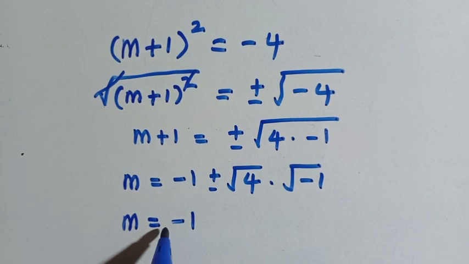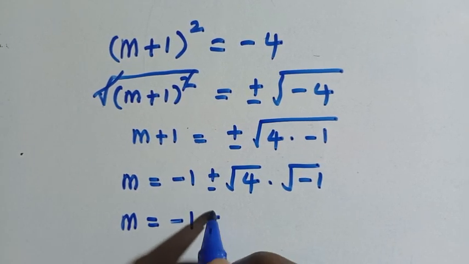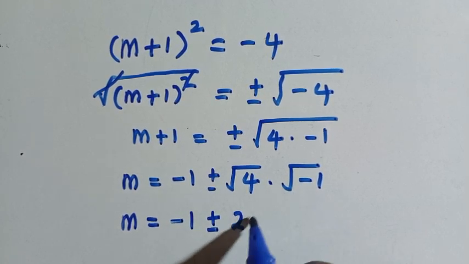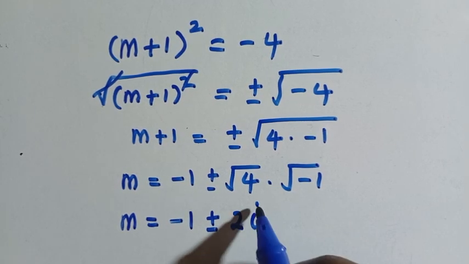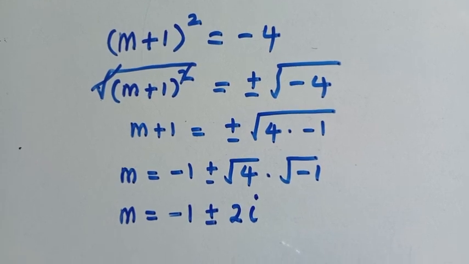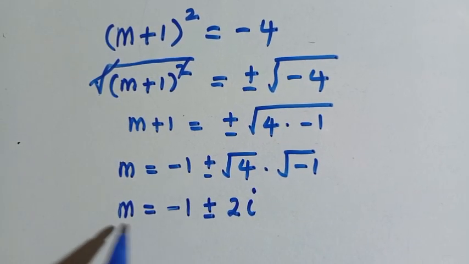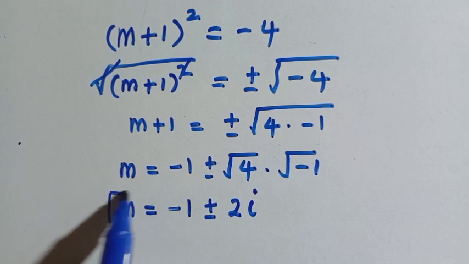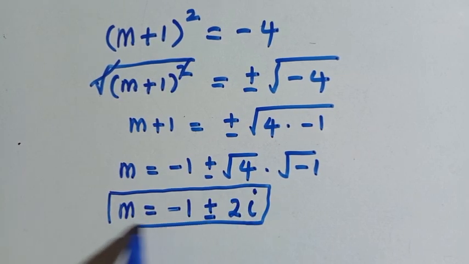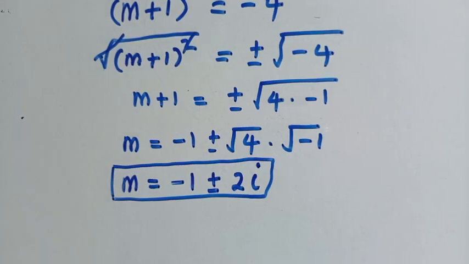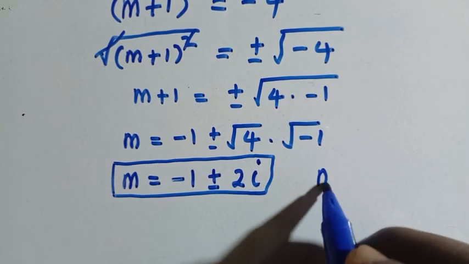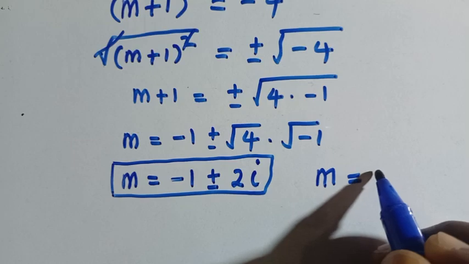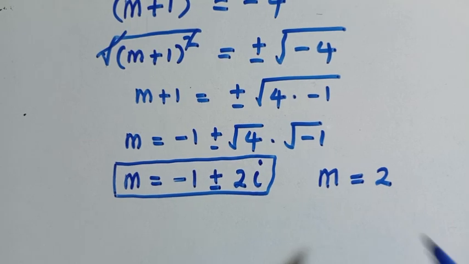Here is minus 1 plus or minus, so square root of 4 is 2, and square root of minus 1 is given as i, or we can use letter j. So we consider these as m2 and m3, which are another 2 solutions for the value of m. And we know we have gotten one value of m, which equals 2 already.